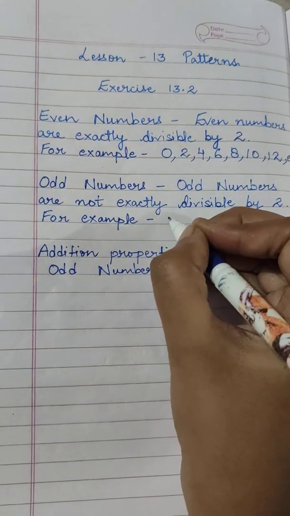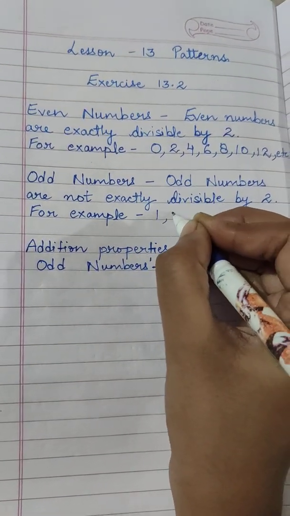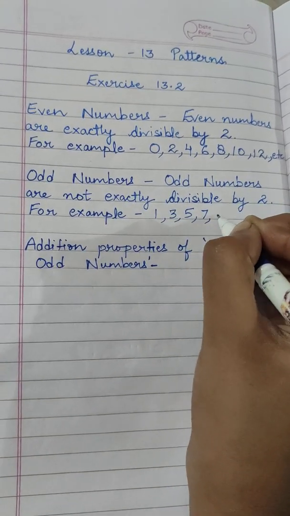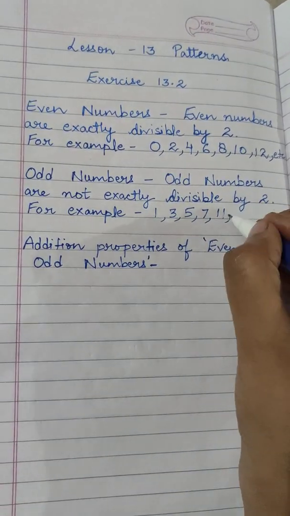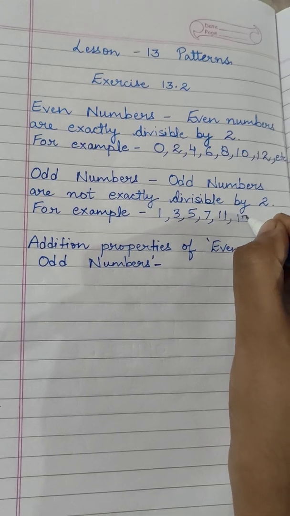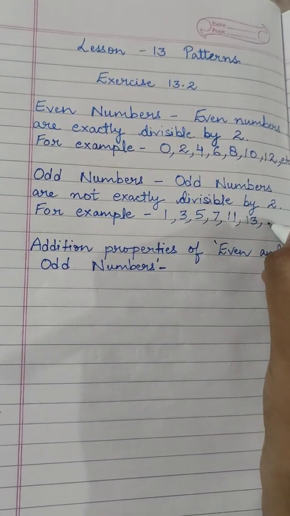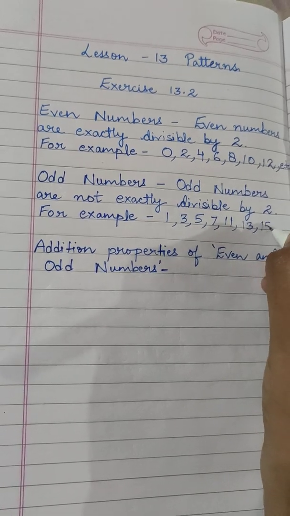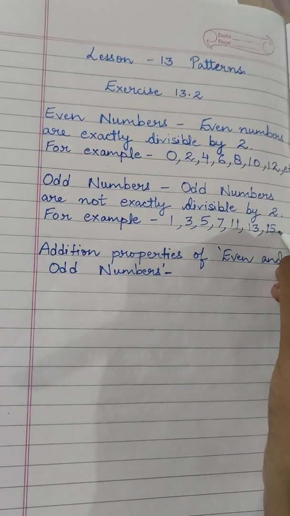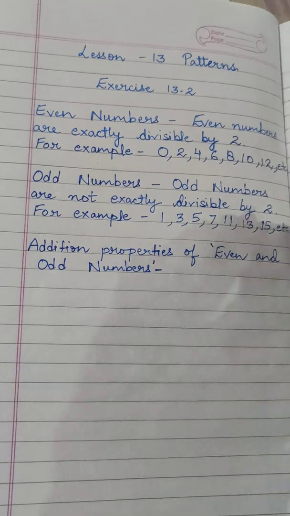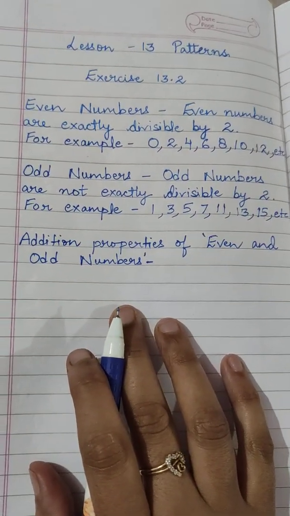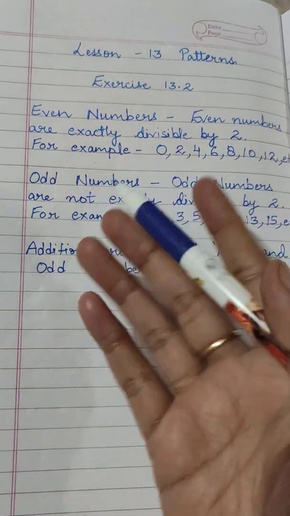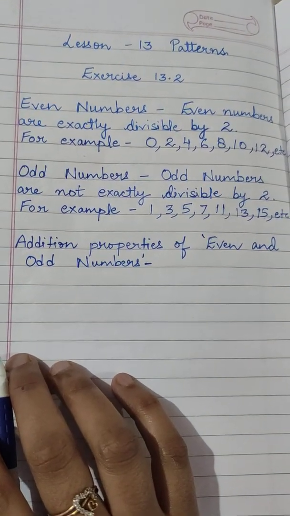For example, 1, 3, 5, 7, 11, 13, 15, and so on. So children, all those numbers which are not exactly divisible by 2 are called odd numbers.